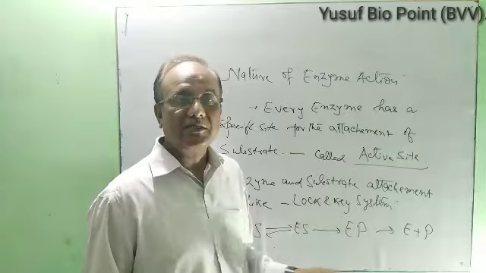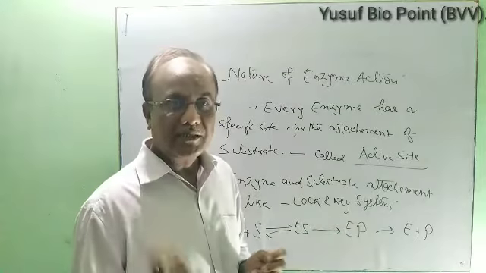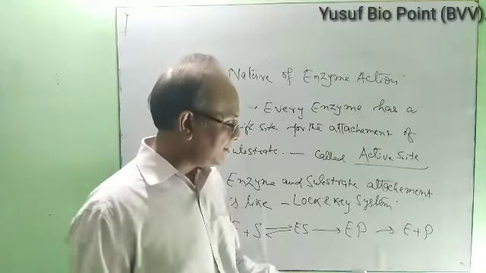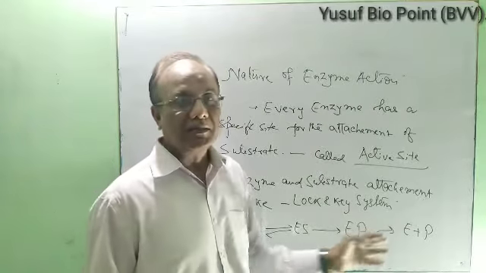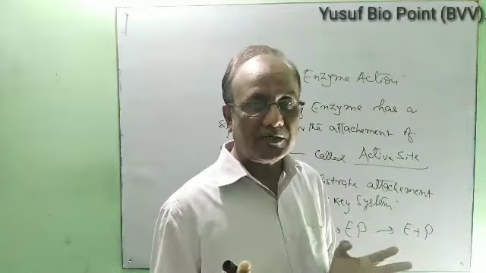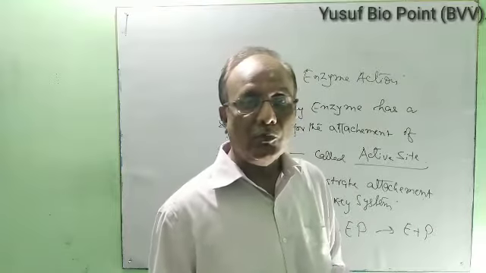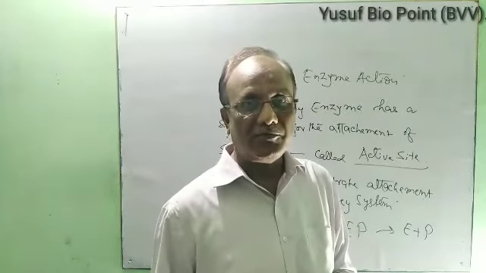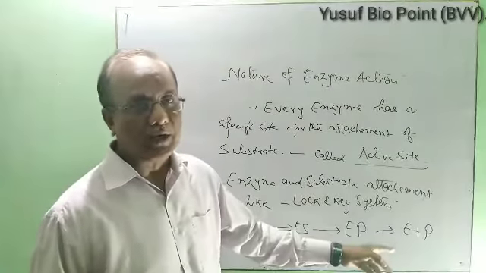That product is still attached with the enzyme. That is the enzymatic product. But finally that enzyme will liberate from the product, and it is now ready to attach with other molecules of substrate. So in this way the process is going on.